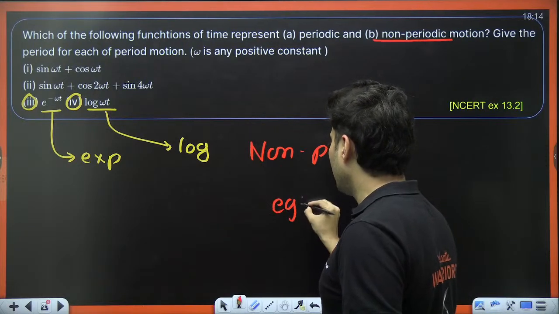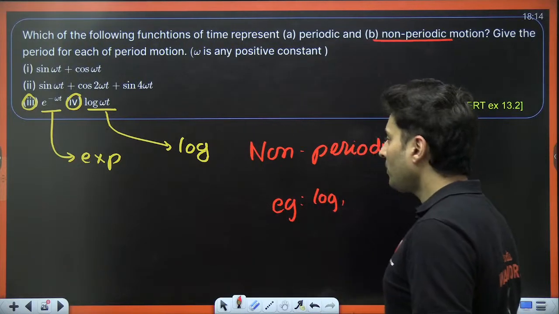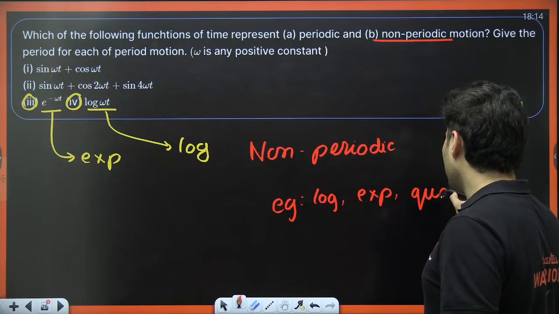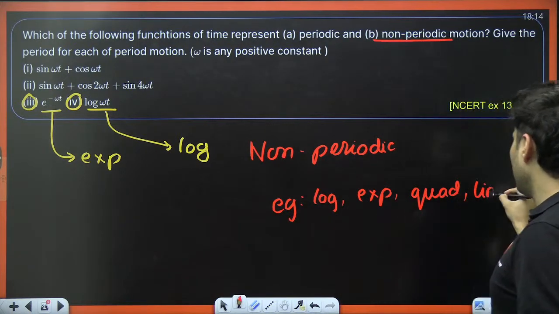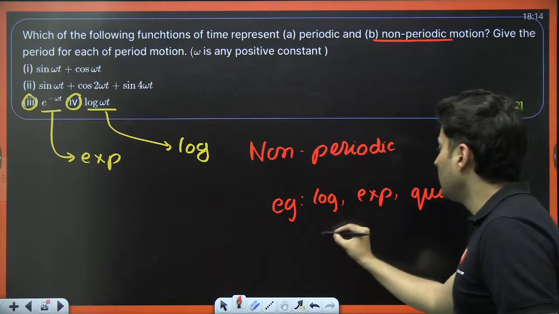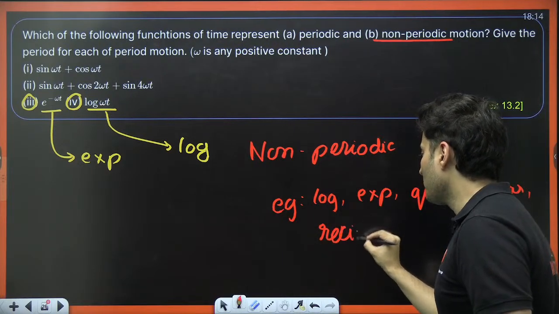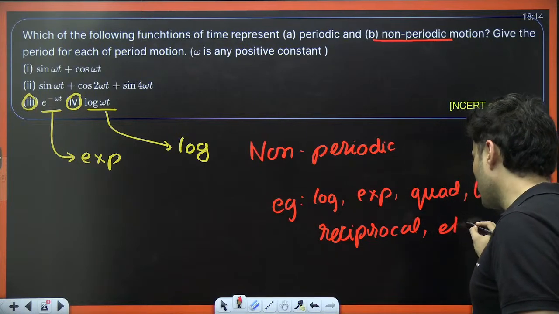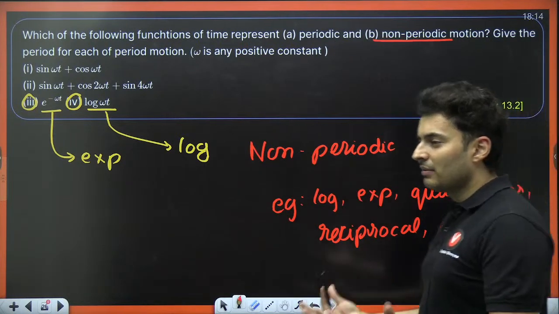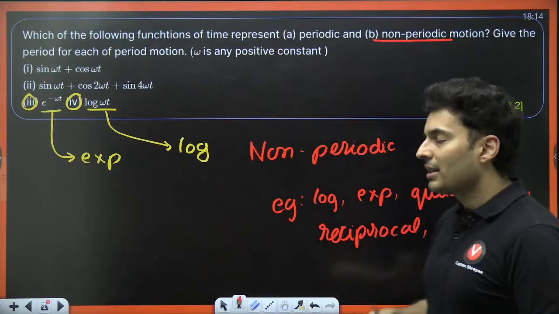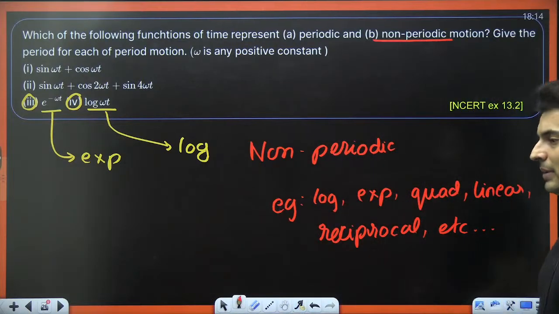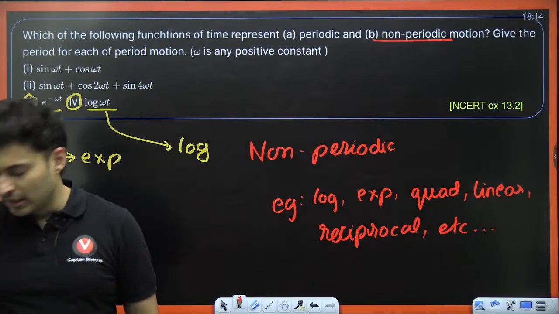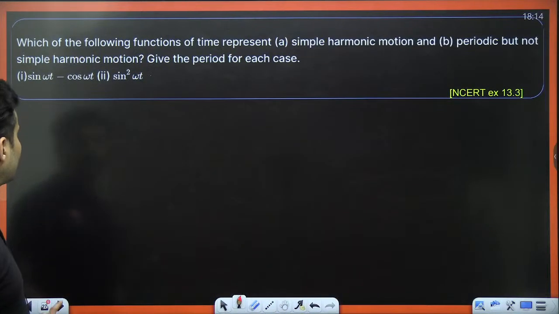Examples of them are logarithmic, exponential, quadratic equation, linear equation, reciprocal of a function, and so much more. So many other functions, which are not sine or cos, are not going to be periodic in nature. Keep this in mind. As simple as that. They do not repeat themselves.